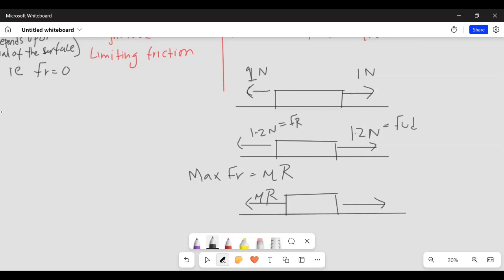So limiting equilibrium or limiting friction is that maximum value of friction जिसके बाद ऑब्जेक्ट मूव करता है. उससे ज्यादा अगर फोर्स लगाई जाए तो ऑब्जेक्ट starts to move.